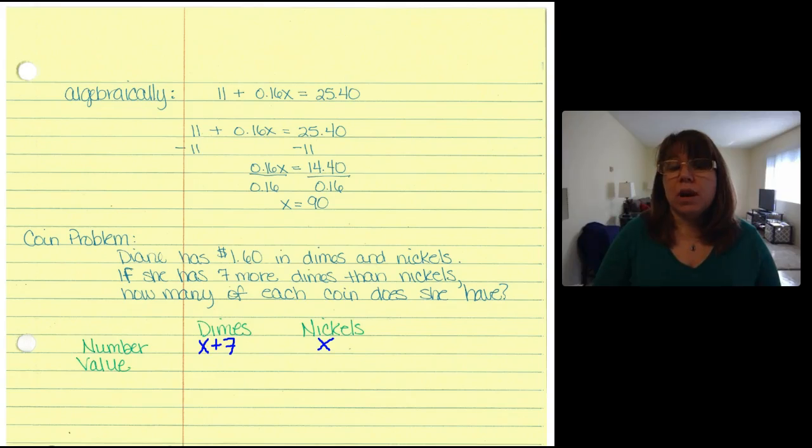Now the value of dimes would be the number of dimes I have times the actual value of 1 dime. Well, 1 dime is 10 cents, which is 0.10. So 0.10 times the number of dimes that I actually have, which is X plus 7.